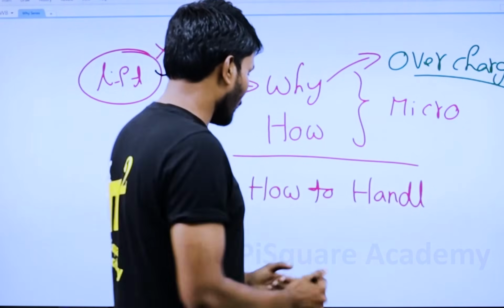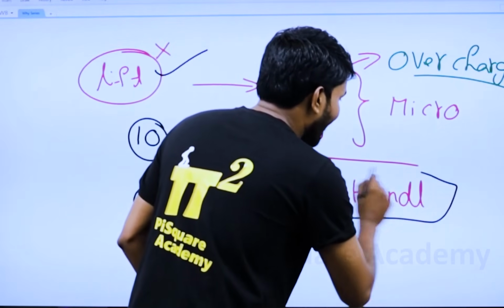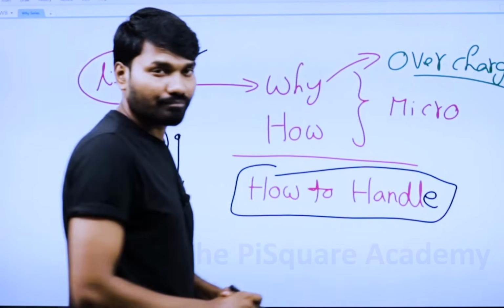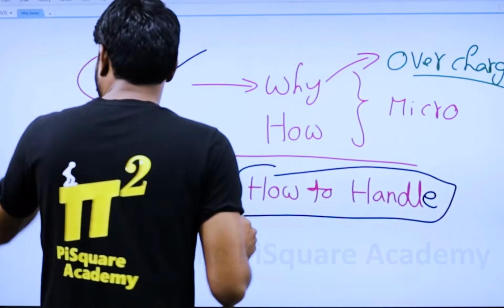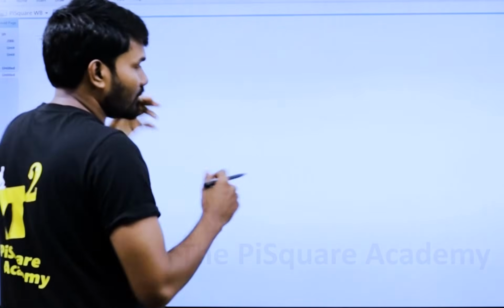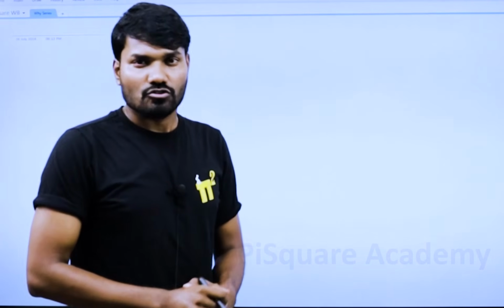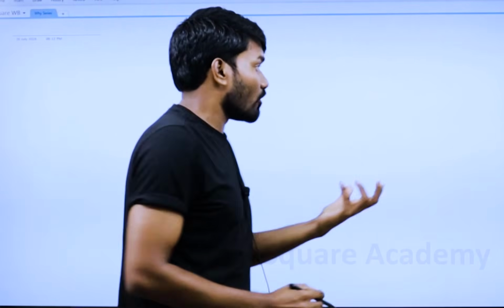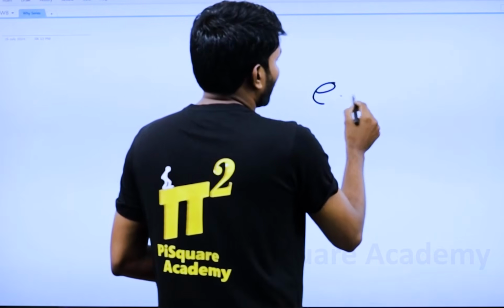Now I said how to handle such a situation. Number one, because these are the key points. Now you know what happened and why this happened, but no one should ever be in that situation. For that, of course, I cannot say stop using e-bikes.